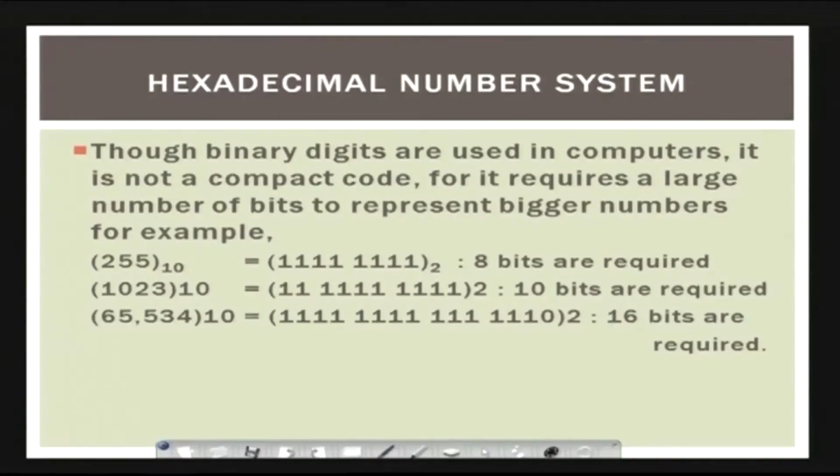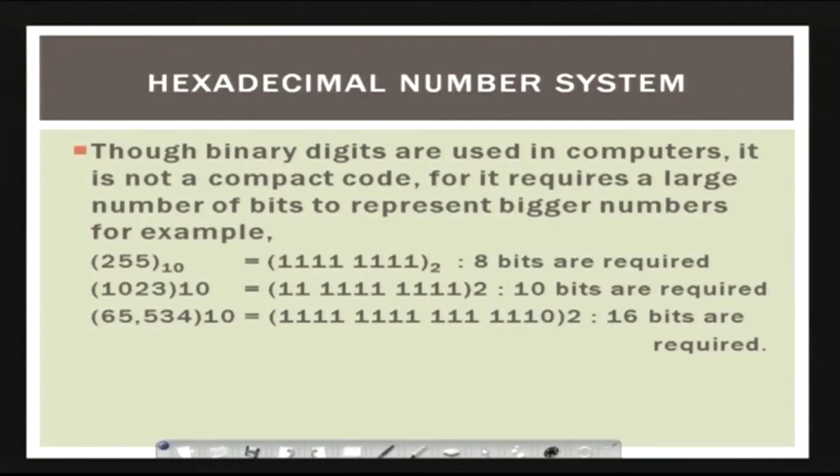Now that we have introduced the binary number system, we know that it is very useful in computers, but when the numbers become too big, the binary bits also become many in number, which is very difficult to remember and to handle. For example, here we have shown some numbers. 255, which is a decimal number, requires 8 bits when you convert it to binary.